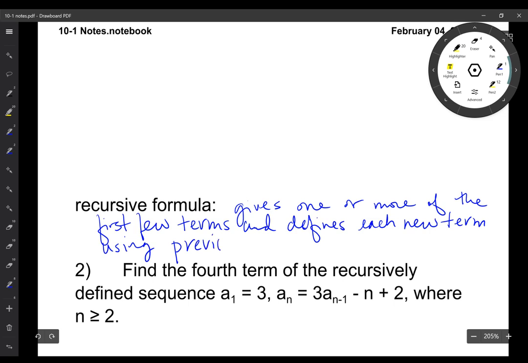So we don't have a formula to find, say, the 20th term. If I want the 20th term, I need to use this recursive formula and keep going until I get to the 20th term.